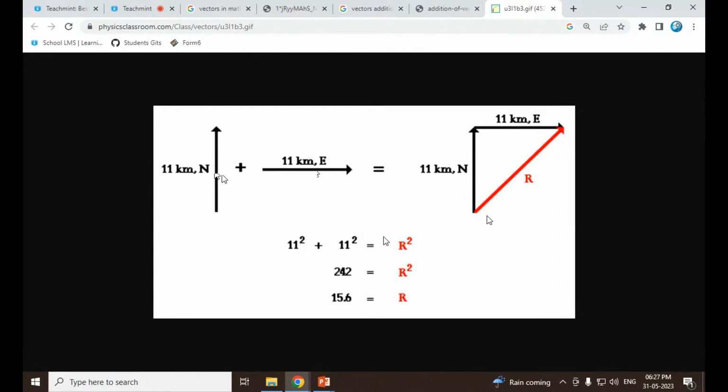That is the resultant value we just now did. This is 11 square plus 11 square. 11 square is 121. 121 plus 121 is 242. The square root of 242 is 15.6, and the R that we have called is 15.6. Is it right? If I draw it there, will it be right?